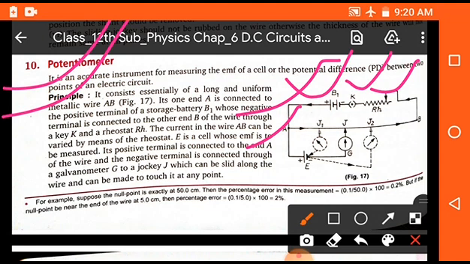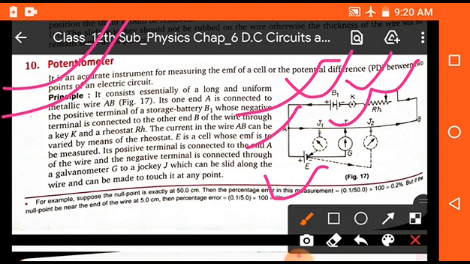Now take a potential whose EMF is capital E, and this EMF is directly connected to the wire AB, and take a jockey J and touch different points on the wire. On touching different points, we get a deflection in one direction, right side or left side.